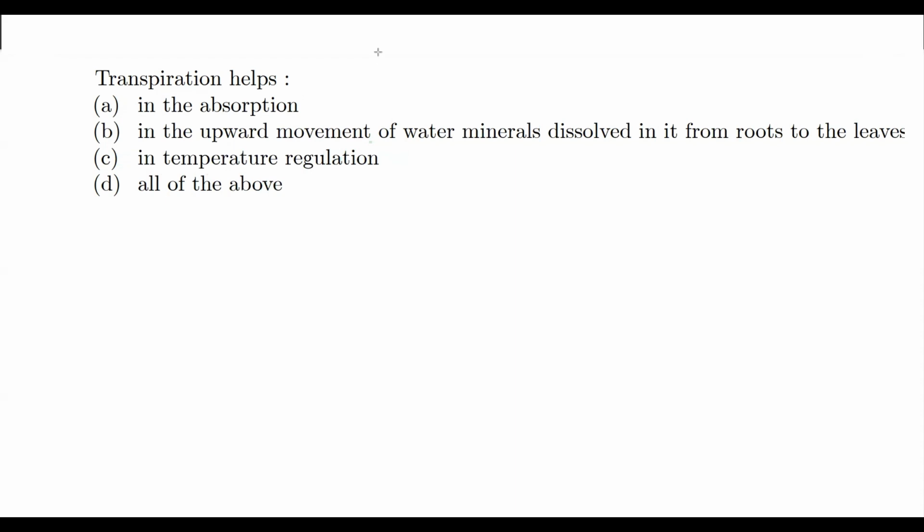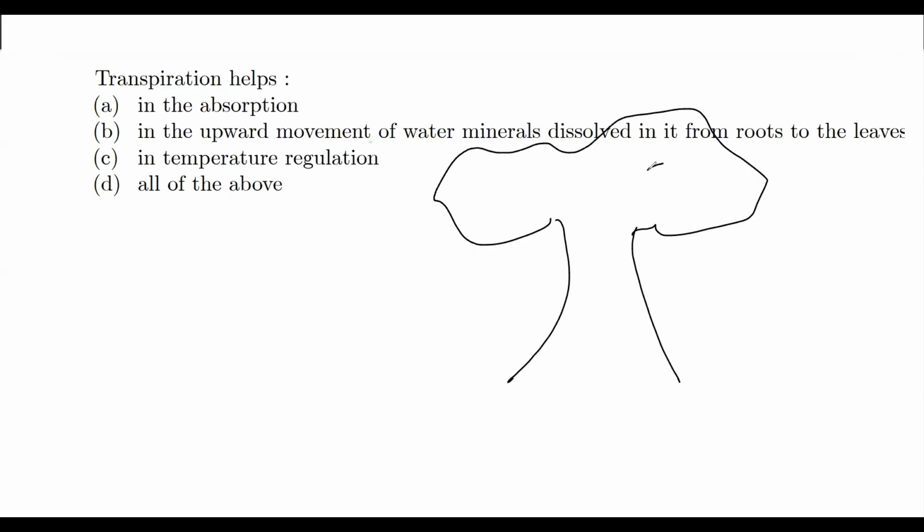I can say all of them are correct, but let's figure it out. Say I take a tree here, and these are the leaves with stomatal pores, and as you know, these are vascular bundles, xylem here, and these are the roots.